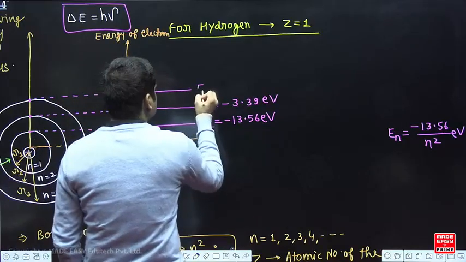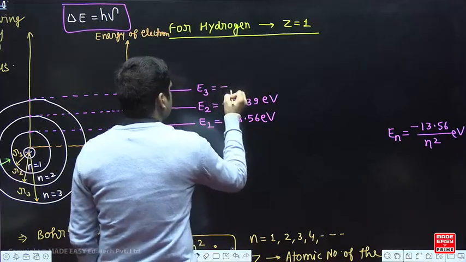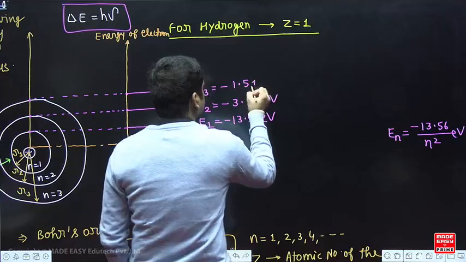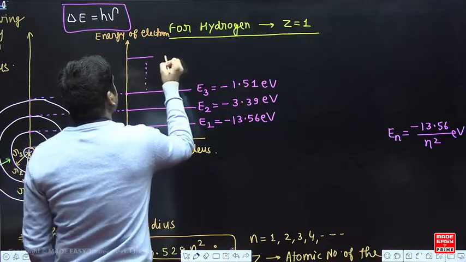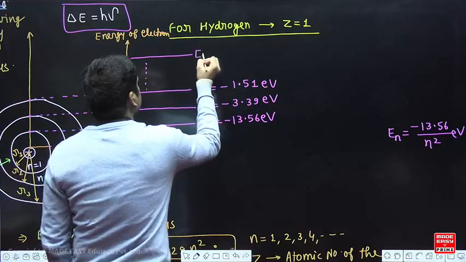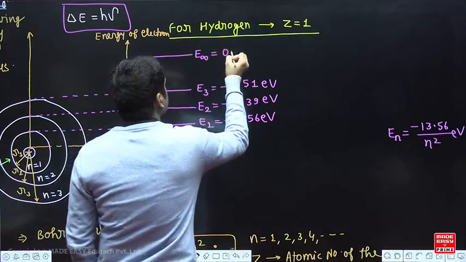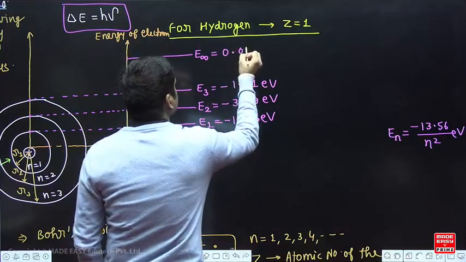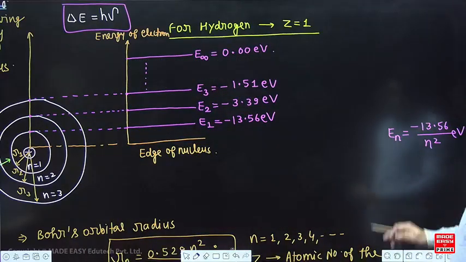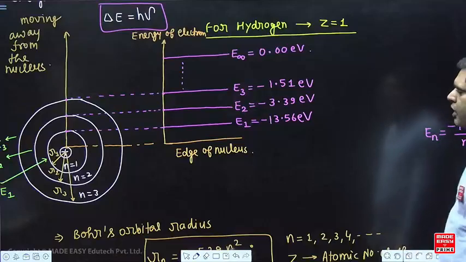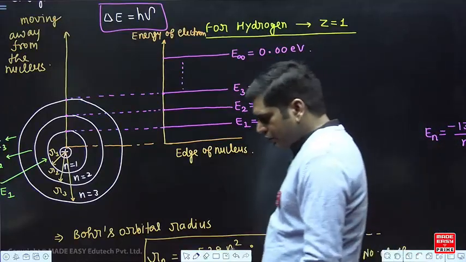Then the value is E3, and E3 is minus 1.51 electron volt. Let us suppose we keep on moving and go to the infinite orbit, E infinity, then the value would be 0.00 electron volt. This would be the graph of the energy of the electron when we are moving away from the nucleus.